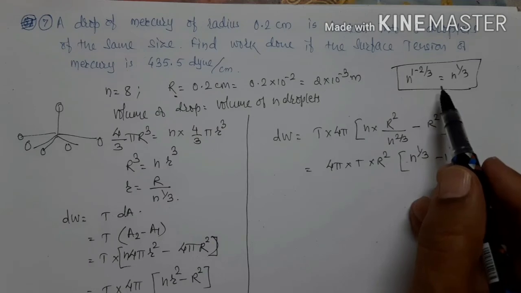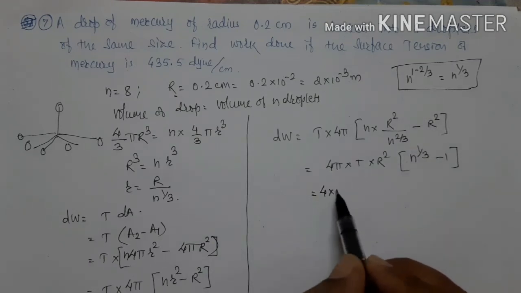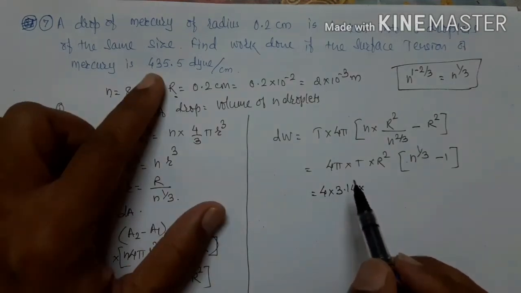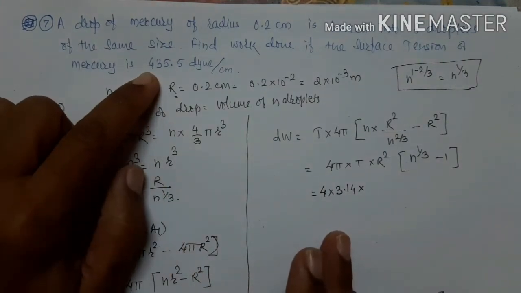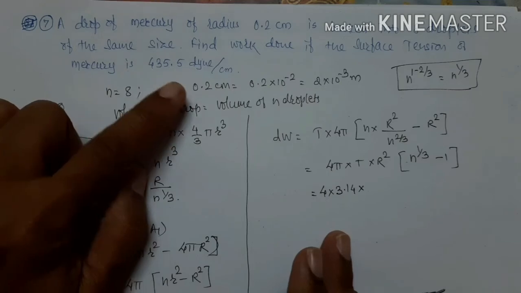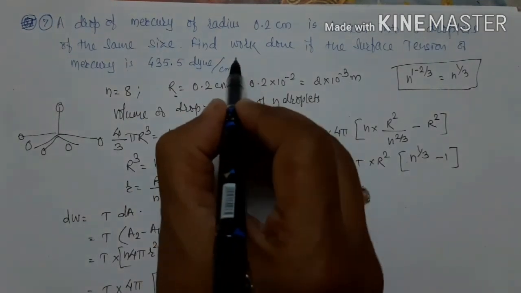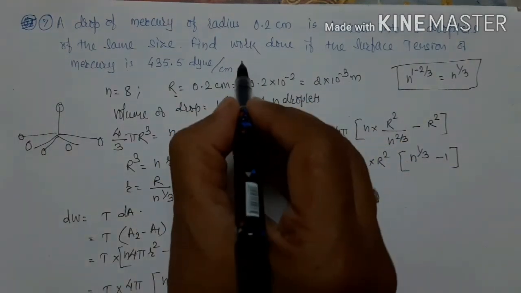This comes like this one. Therefore, I will keep the values 4 into 3.14. Here again we have to convert this surface tension from dyne per centimeter into Newton per meter. For that, we will do it here itself.